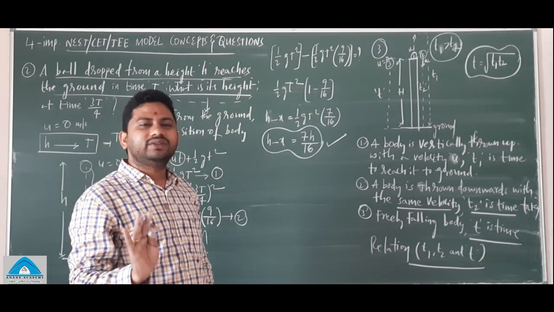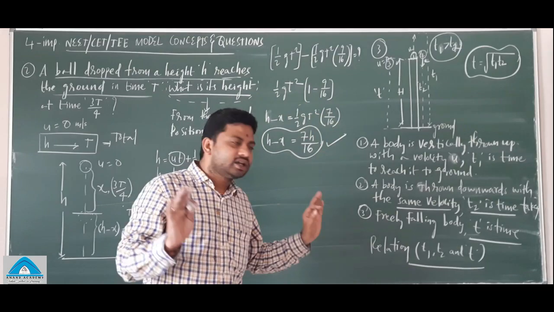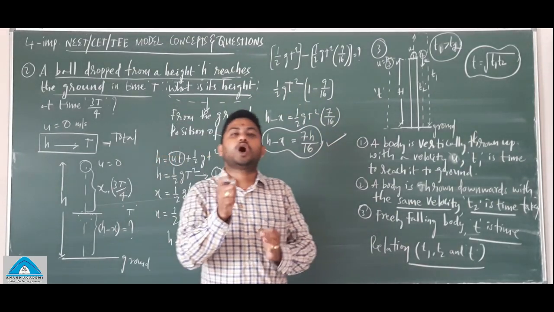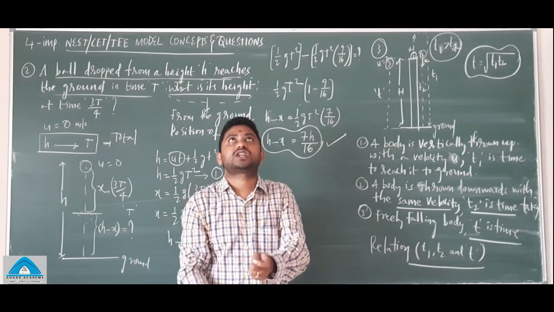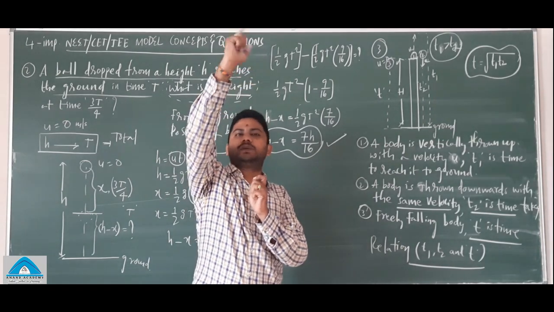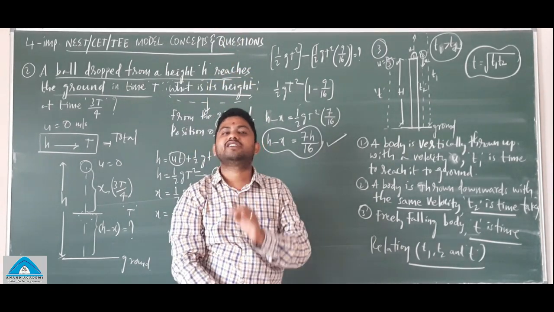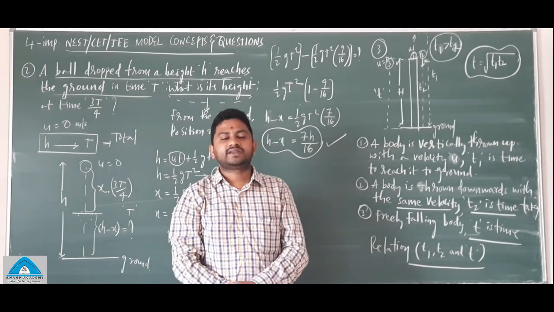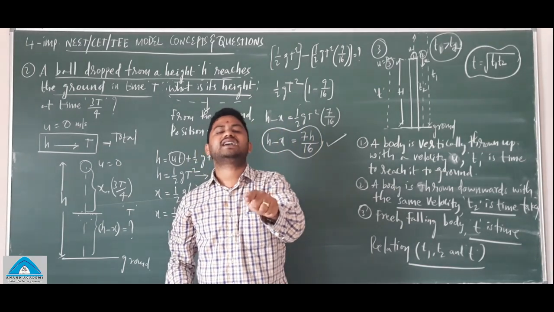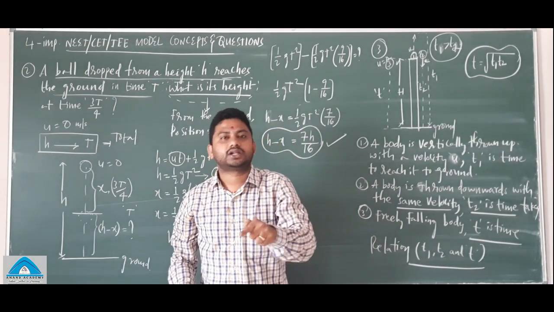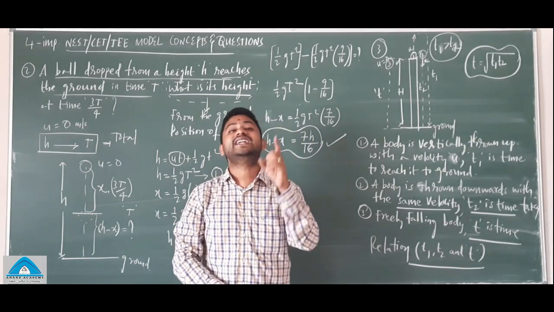Now listen once again. I just wanted to revise this one. There is a top of a tower. From there, one body is vertically projected and the time taken by the body to reach the ground is T1. In the second case, a body is thrown downwards with the same initial velocity and the time taken by it to reach the ground is T2.